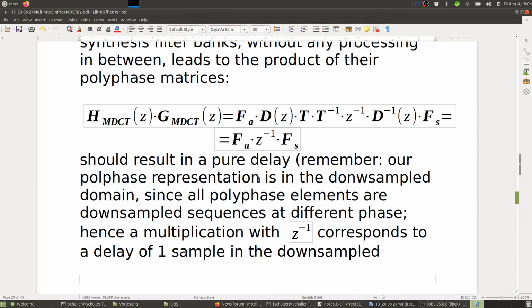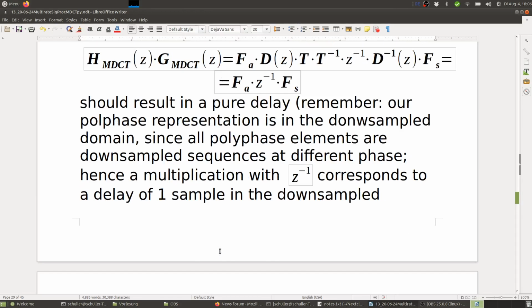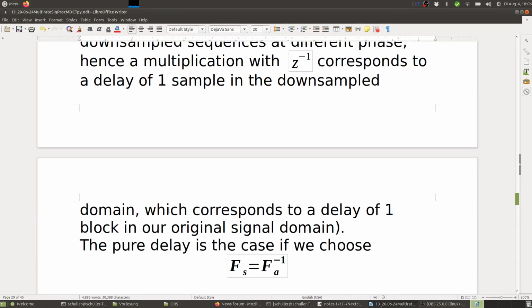Remember, our polyphase representation is in the downsampled domain, since all polyphase elements are downsampled sequences at different phases. Hence, the multiplication with z to the minus 1 corresponds to a delay of 1 sample in the downsampled domain, which corresponds to a delay of 1 block in our original signal domain.